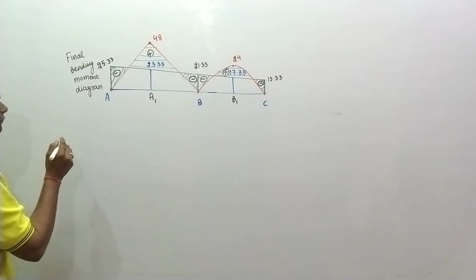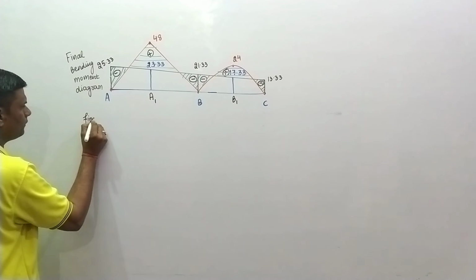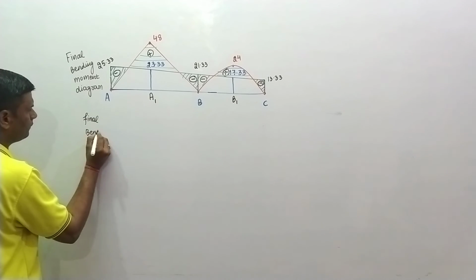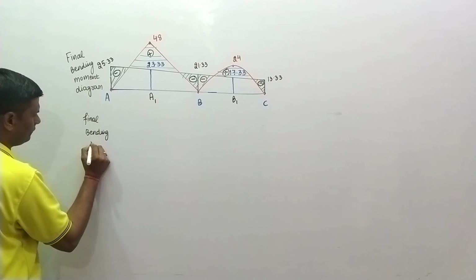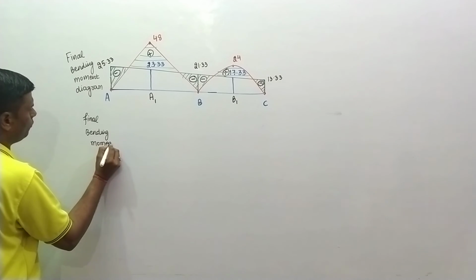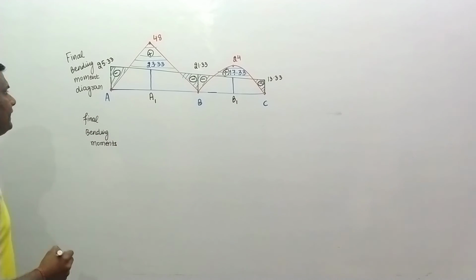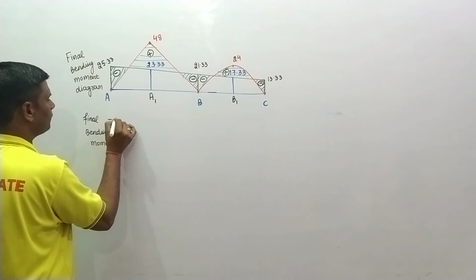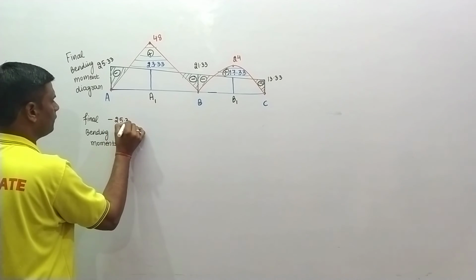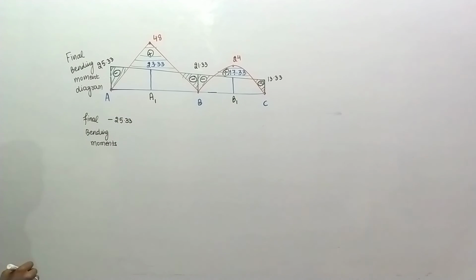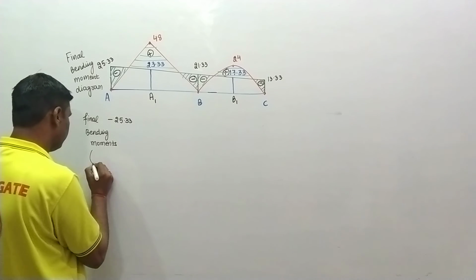Now what are the values of the final bending moments? At A the final bending moment is minus 25.33 kilonewton meters.